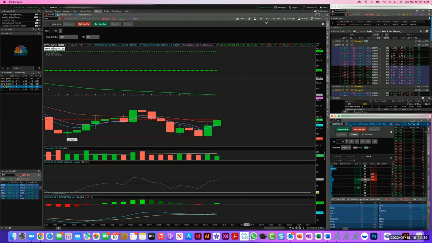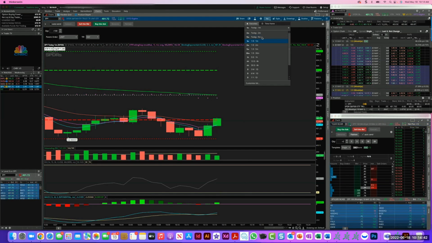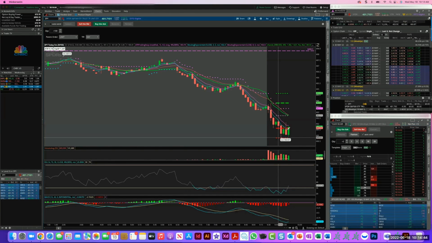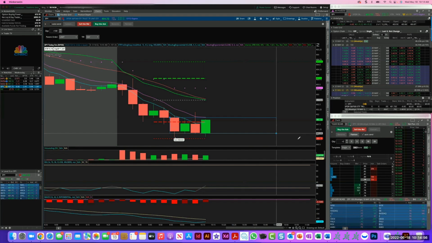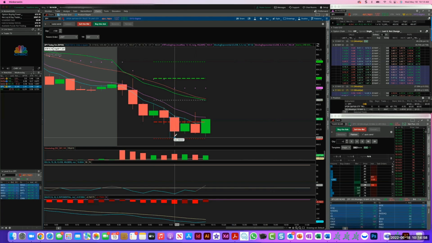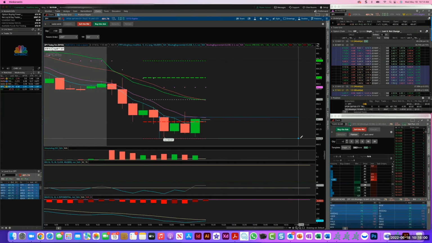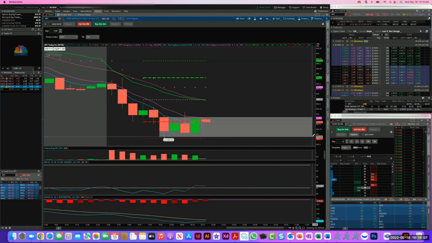We can see here on the 5-minute chart that the SPY is consolidating. So I'm going to draw this consolidation here as a demand zone. I'm going to start the top of this candle and go across. I'm going to take the bottom of this wick, go across and mark this as a demand zone for the SPY.